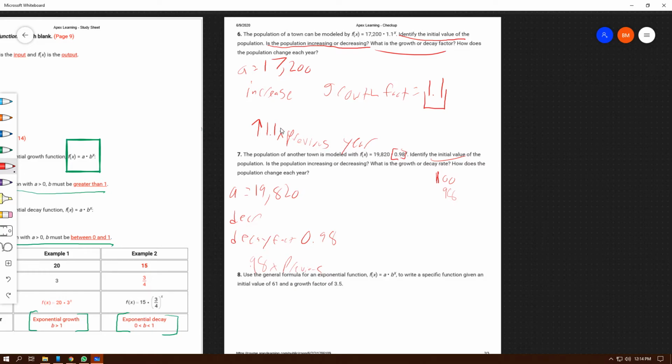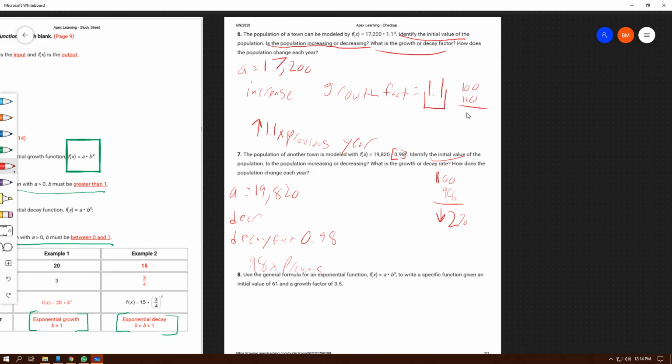I mentioned the 10% in the first problem. Just know that what's missing here is 2%. We had 100, and we're only taking 98. That means we are decreasing, getting smaller by 2% every year. If I did the same thing up here, I have 100, and then I have 110. I'm going to ignore the negative piece of this.